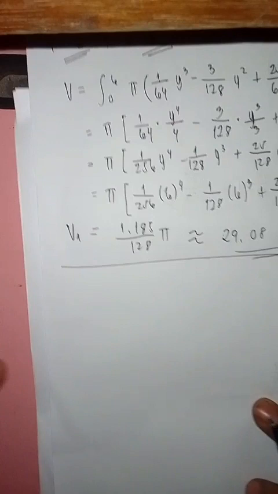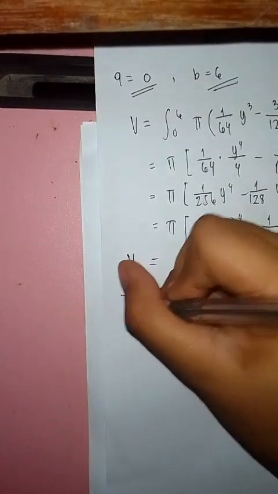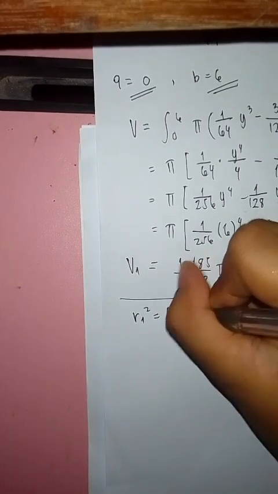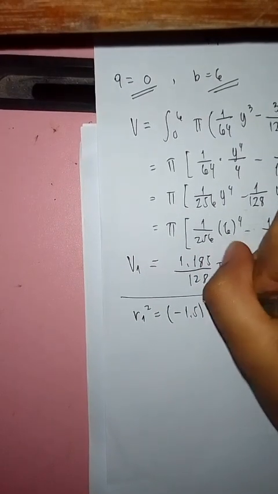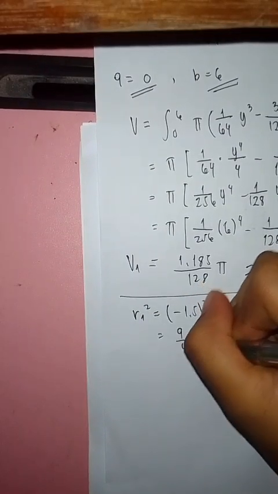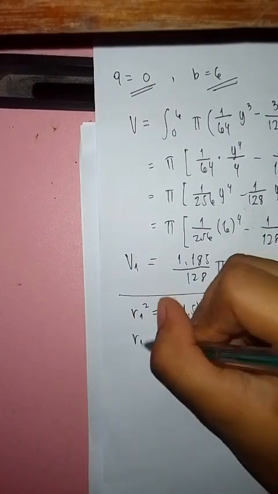Next, we will get the volume 2. Same process earlier. We will get first the r sub 1 squared, which is equal to negative 1.5 squared, equal to 9 over 4. This is our r sub 1 squared.